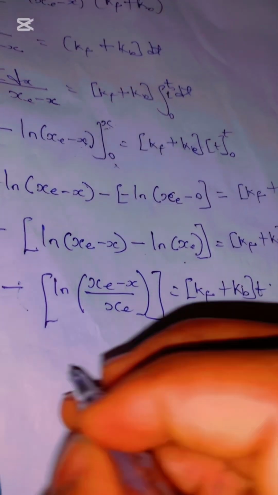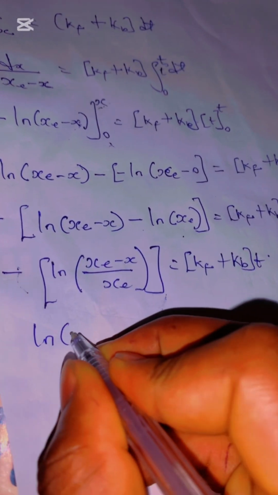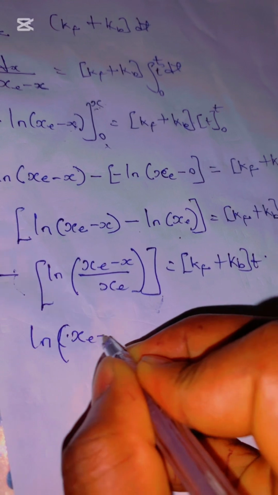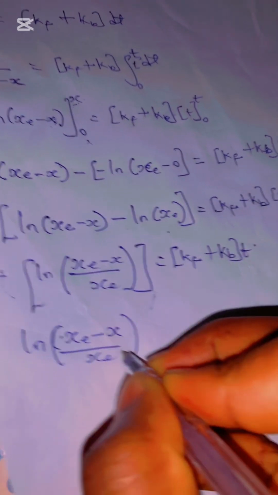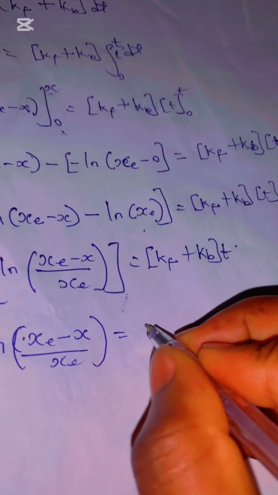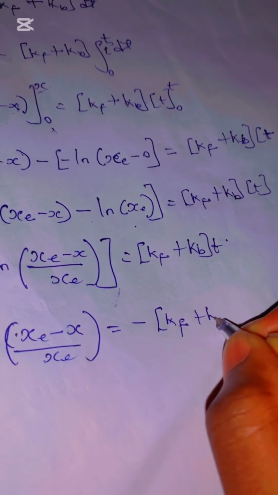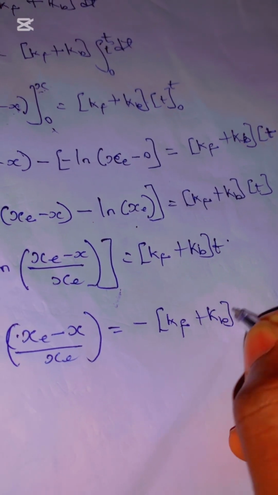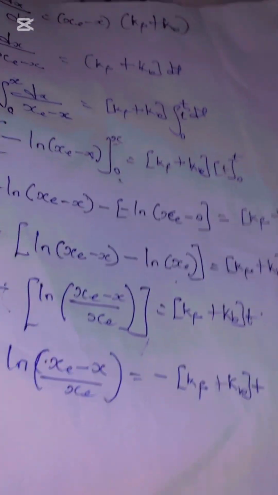If I bring this minus to this side, I'm going to have ln, and then I have my xe minus x over xe, close the bracket. Then I have my minus kf plus kb, and I have my what? My t.